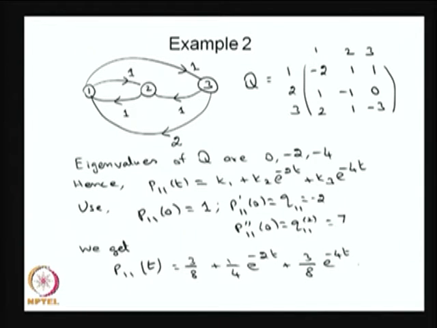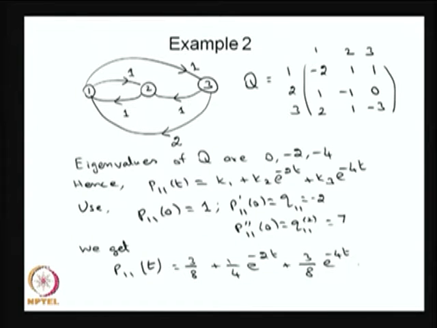Therefore, P11 of t is equal to this much. Similarly, I can go for finding P1, 2 of t and P1, 3 of t. I do not need P1, 3 in the same way, because once I know P1, 1 of t and P1, 2 of t, P1, 3 of t is nothing but 1 minus those 2 probabilities, because the summation of probabilities is equal to 1.